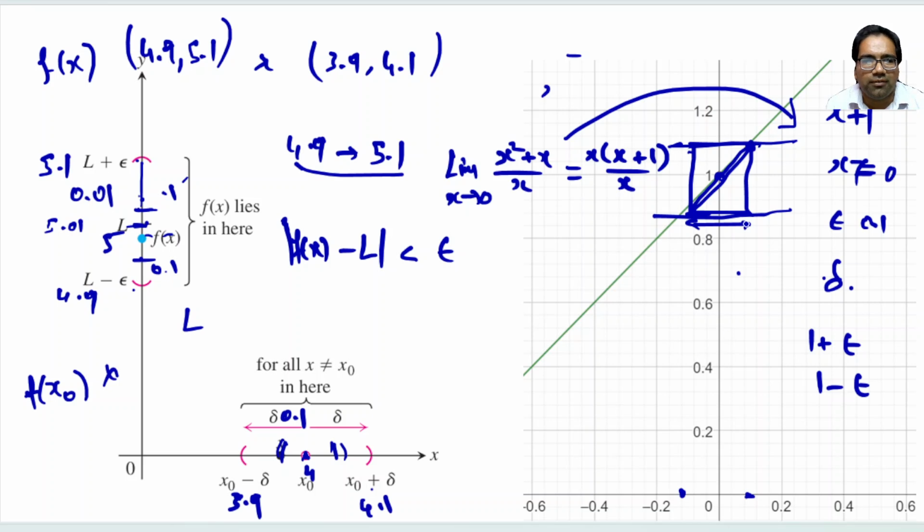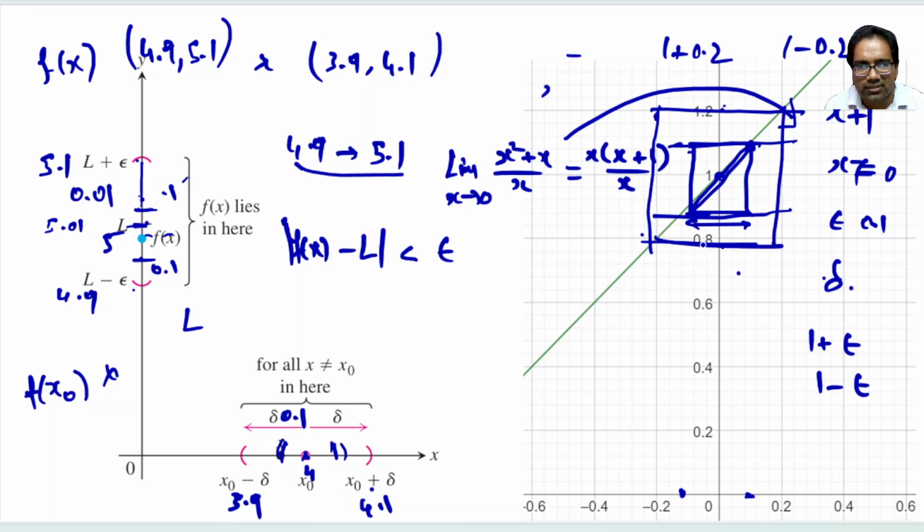So when someone defines epsilon as, let's say, 0.2, that is 1 plus 0.2 to 1 minus 0.2. The graph should lie between this line and this line, 0.8 to 1.2. Is there a delta? Yes, there is. The delta is given by this range, again 0.2.